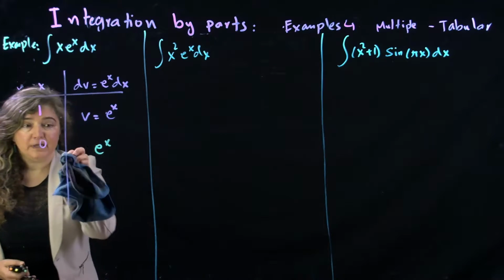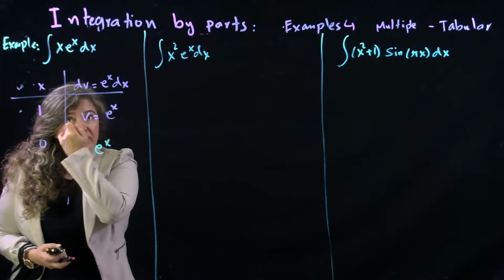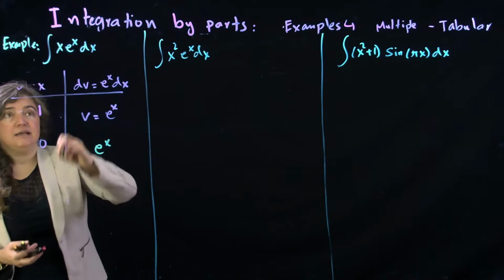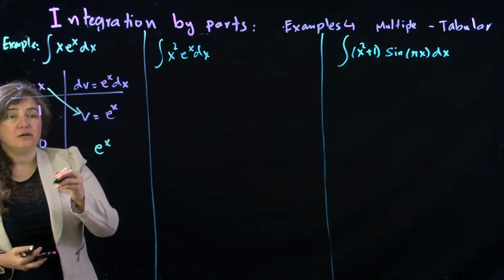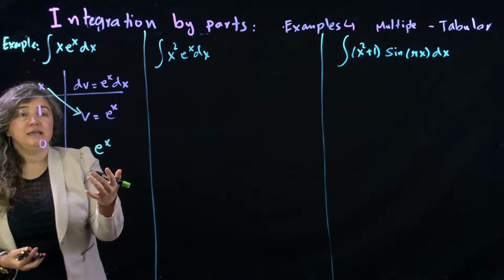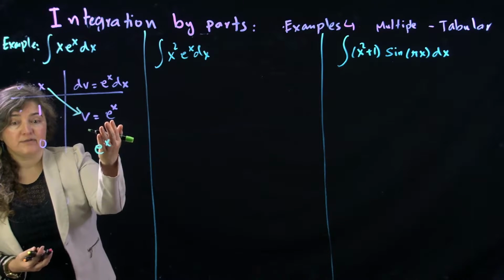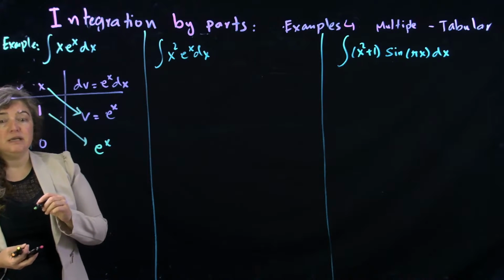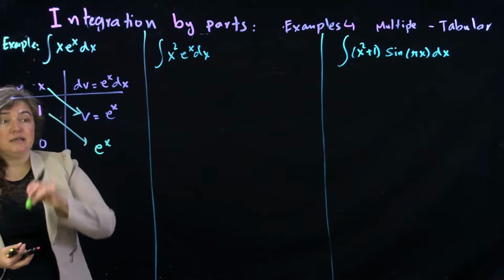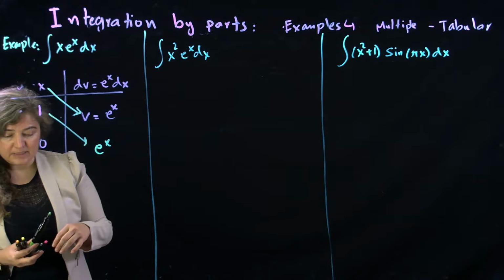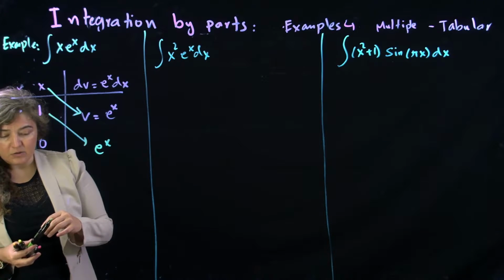Now I'm forming this table. What do we say? We say that these two multiply together, and then minus the antiderivative of the second row, which would be basically just that 1 times e to the x. And so what do I get?